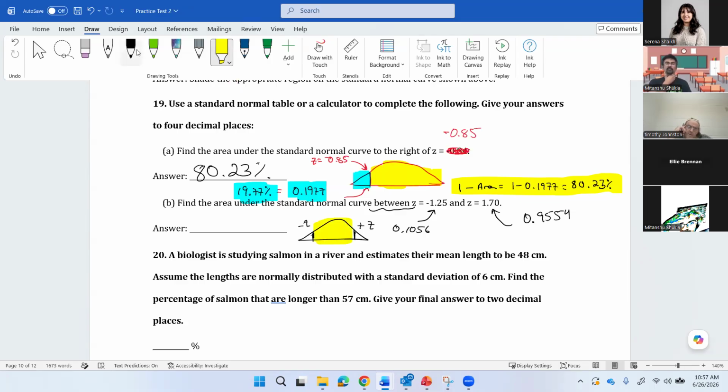If I want that, I can do big area minus small area, and that will always work. So I'm going to do 0.9554 minus 0.1056. And what do I get?